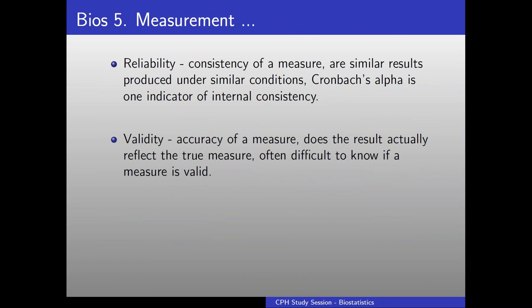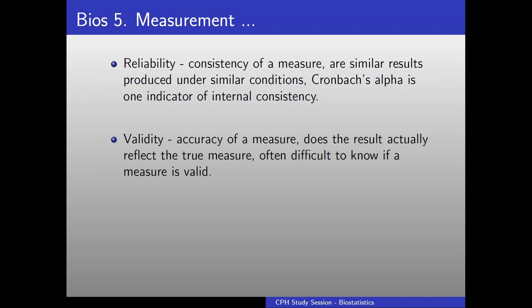Number 5 is measurement. So we talk about two things, reliability and validity. Reliability is consistency of the measures. So under similar conditions, can you produce similar results? Think about it like getting on a bathroom scale. Your weight hasn't changed, but is your scale actually giving you the same measurement each time? If it is, then it's reliable because the conditions haven't changed, and if the results are similar all the time, it's consistent.